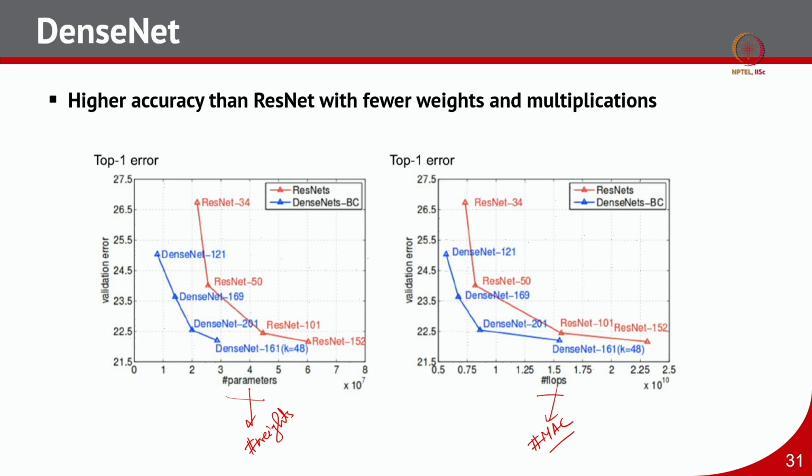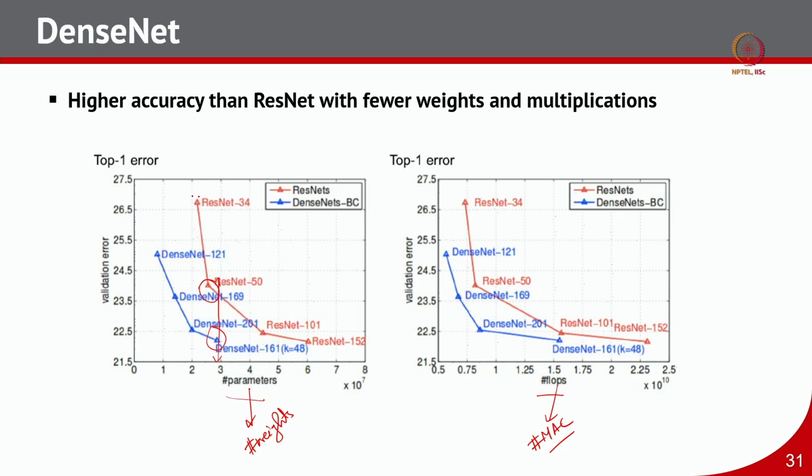Now, as you can see, of course, there are probably no two DenseNet and ResNet models with exactly the same number of parameters or MACs, but if you look closely, let us say at around 3 into 10 to the power 7 parameters, DenseNet has lesser error than ResNet, correct.